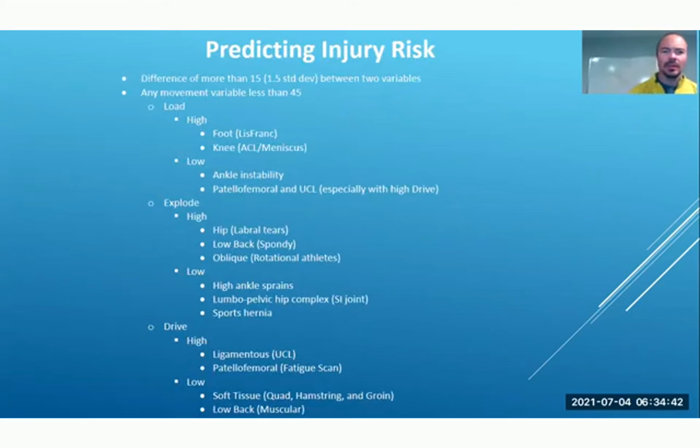Predicting injury risk. Again, just to really connect the dots a little bit more, this is a good one. So a difference of more than 15 and any variables less than 45 is when we start to really worry about this.